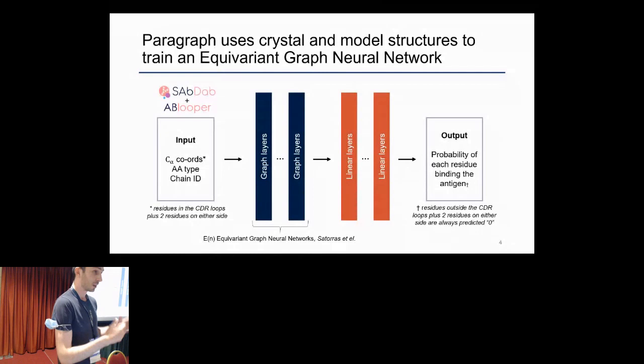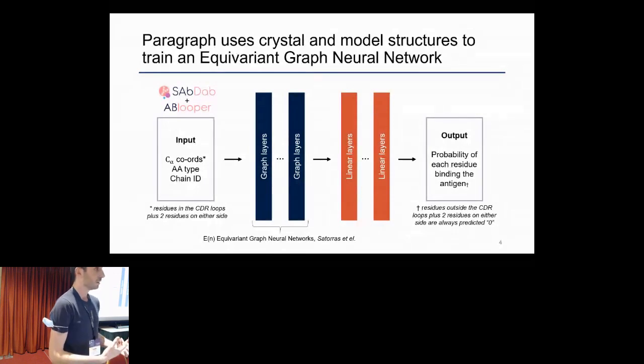One footnote, which I've glossed over up until this point, is that we focus our efforts on the CDR loops plus 2 residues on either side only. And the reason that we do that is because if we consider the entire variable region, which other methods have done in the past, we found that the EGNN network was really quite unstable. There's a class imbalance of 10 to 1, and it was struggling to train properly.